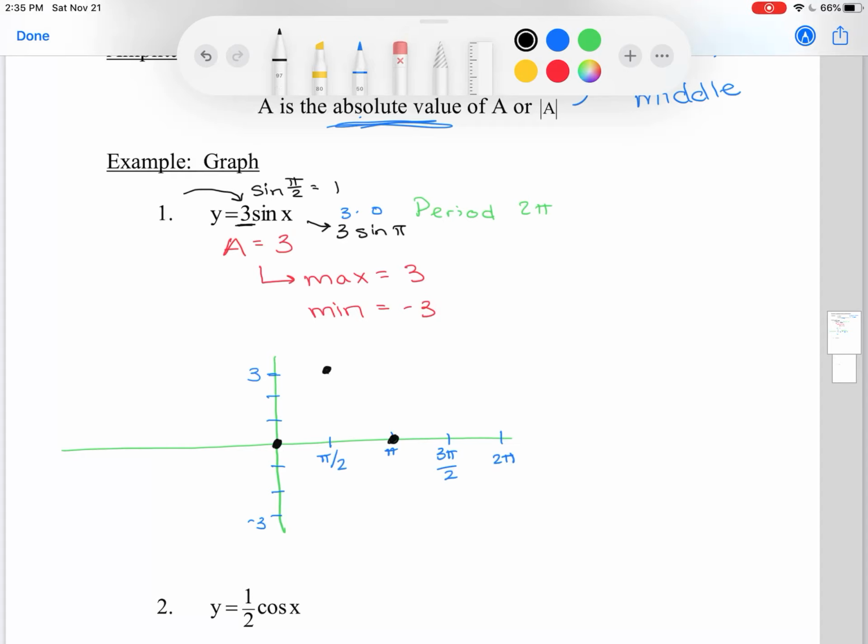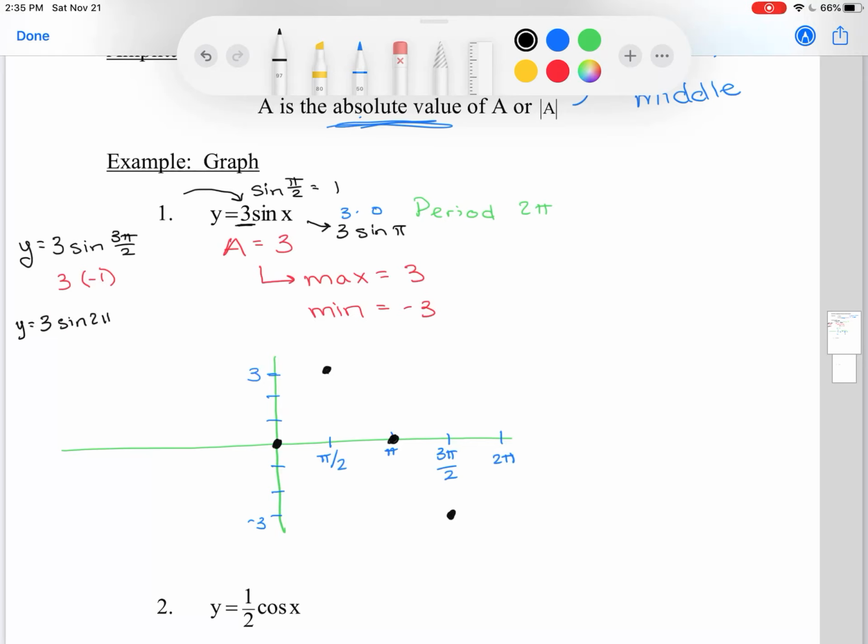Okay, you can use your calculators if you need to. You can use the unit circle if you need to. In fact, I highly recommend it. But now we are talking about this 3 that happens to be in front. So it's going to play a role on our graph this time. So I'm going to do the next one, 3pi/2, and I'm now asking, what is my y value when 3 times sine at 3pi/2? Take a look at the unit circle.